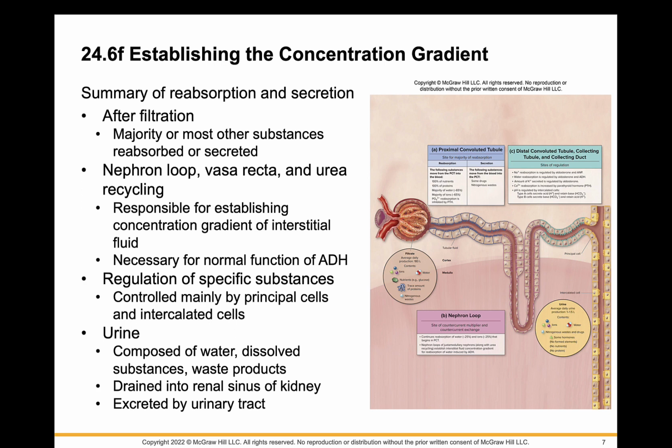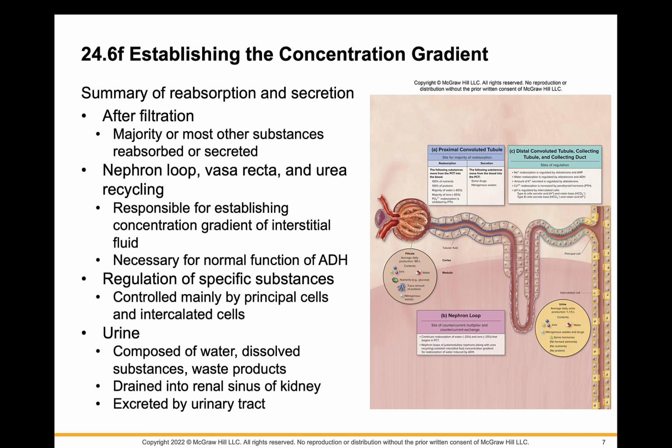Now, within the nephron loop, vasa recta, and urea recycling, this is responsible for establishing and maintaining the concentration gradient of interstitial fluid deep within the medullary regions of the kidney. Now, without this concentration gradient, ADH would not be able to do what it's supposed to.